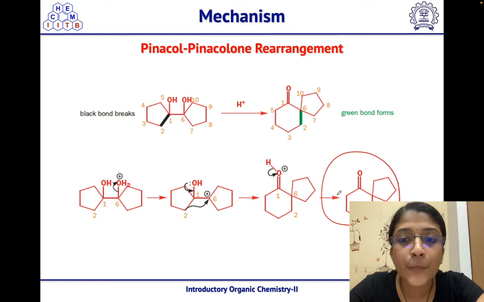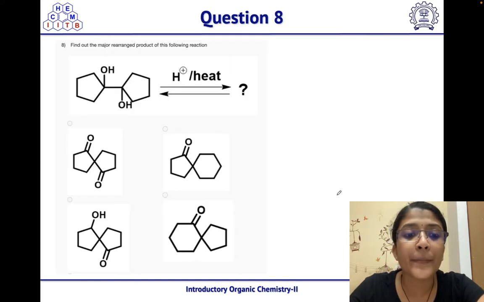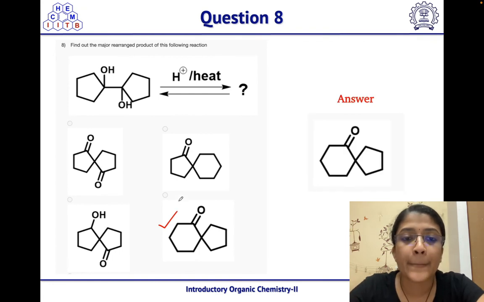Any doubt regarding the product or the mechanism? No, ma'am. Okay. So coming back to the question, the right product we are getting is option D, as we have discussed in the mechanism of the pinacol-pinacolone rearrangement.